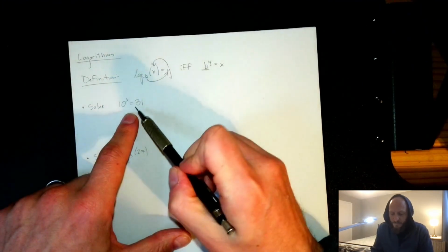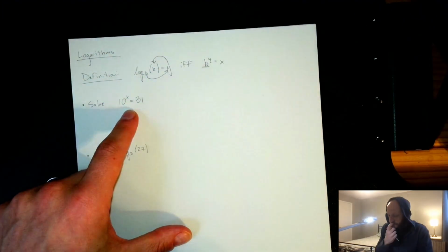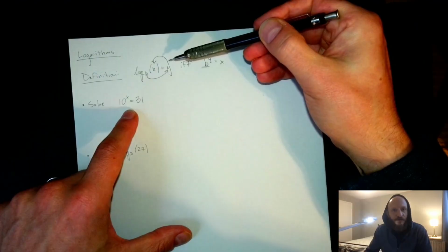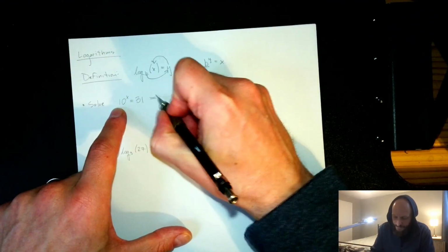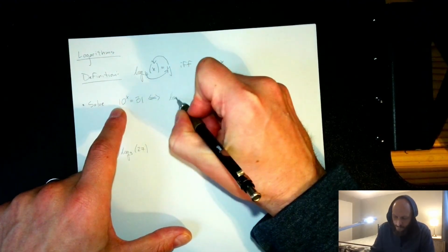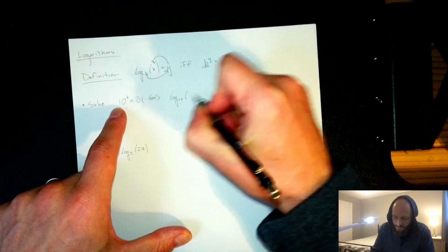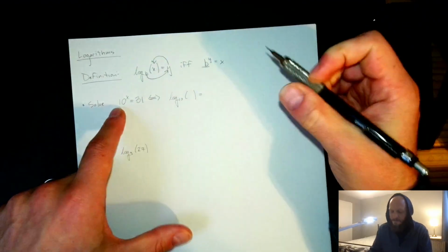So to solve something like this, 10 to the x equals 31, first we're going to rewrite it in terms of its logarithmic equivalent. The base is 10, so this is the same as log base 10 of something equals something.